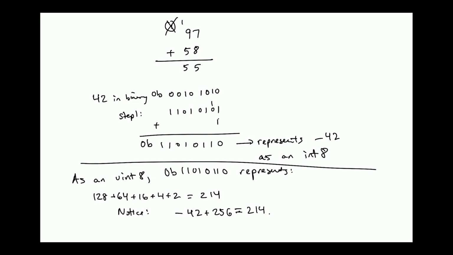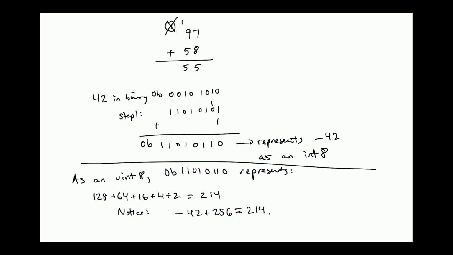Now, I haven't actually demonstrated that this number really ought to be minus 42. How could I test whether or not you guys are just trusting me that this binary pattern really is minus 42? How do you know I'm not just pulling this out of thin air? How do you know I'm not making it up?